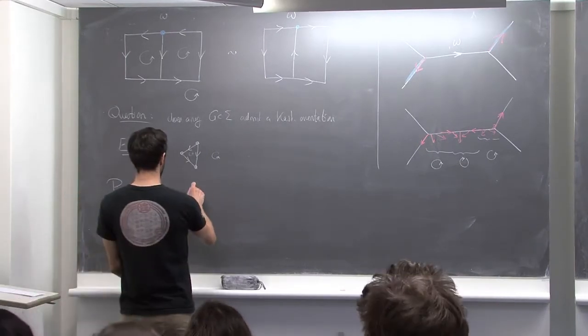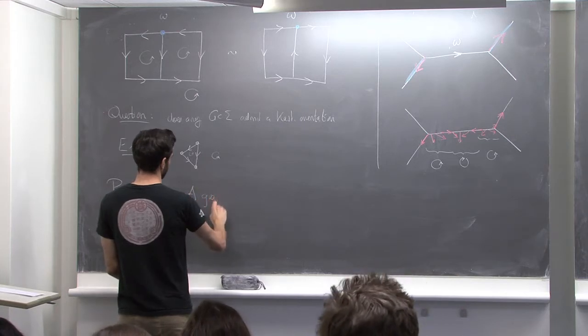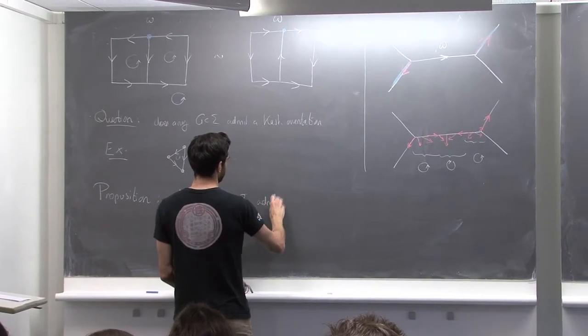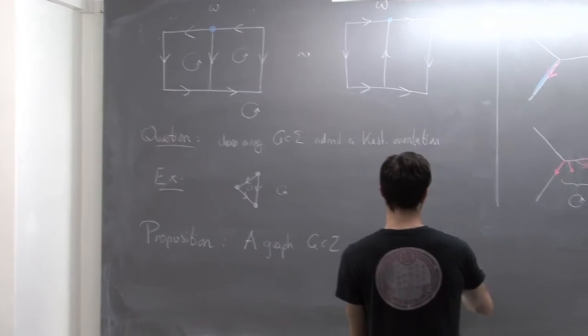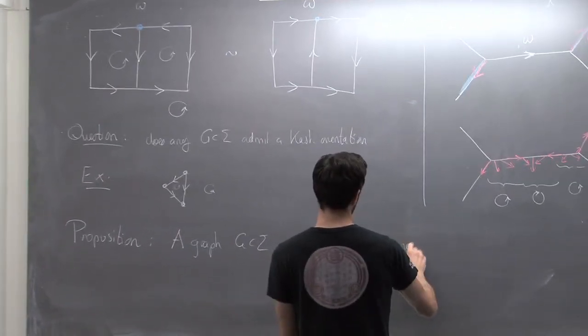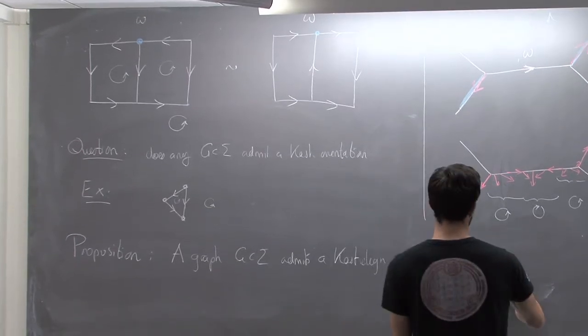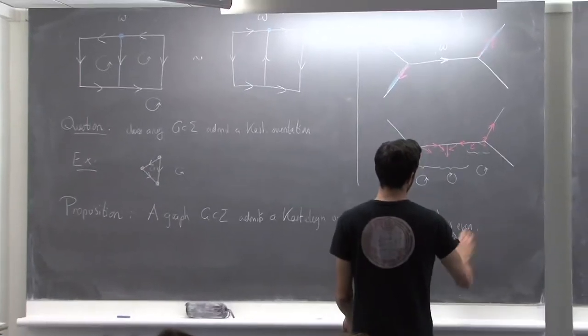So proposition, a graph G in sigma admits a Kasteleyn orientation if and only if this is even.